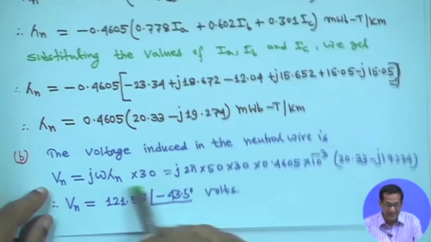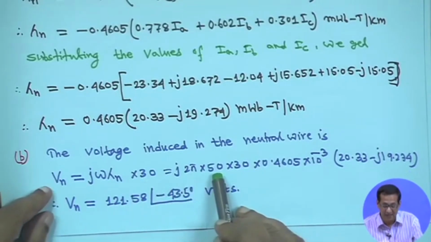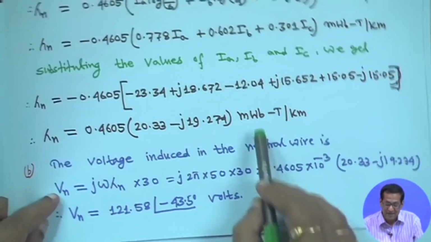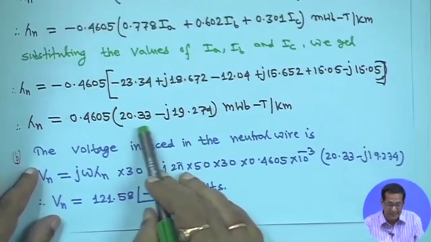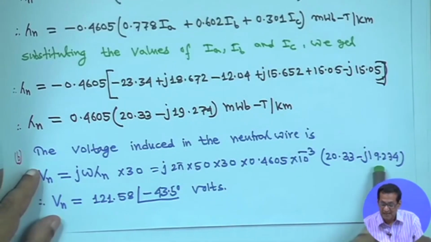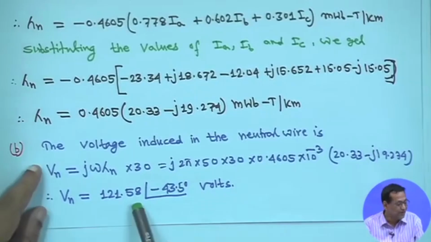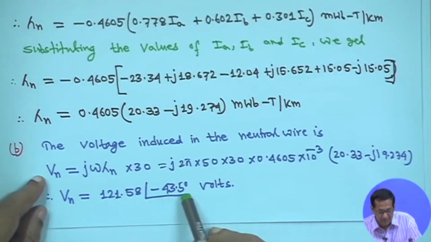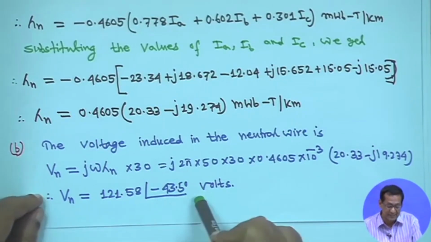So j 2 pi, frequency 50 Hertz, into 30 into 0.4605, and since it is milliweber we multiply by 10 to the power minus 3, into 20.33 minus j 19.234, such that it will be in volt. If you multiply, then Vn is equal to 121.58 angle minus 43.5 degree volts. So this is the voltage induced on the neutral wire.